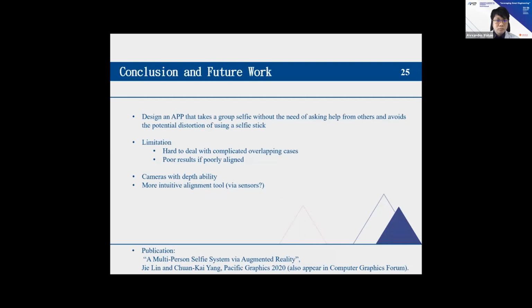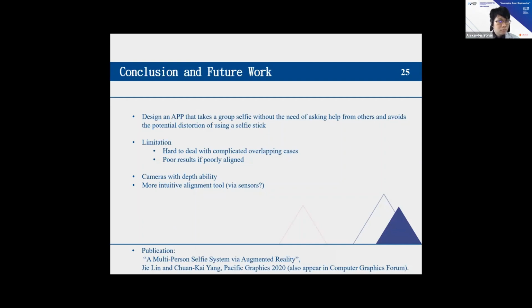The current limitations are that it is still hard to deal with complicated overlapping cases, and also if the two photo taking processes are poorly aligned, the result may not be that good.